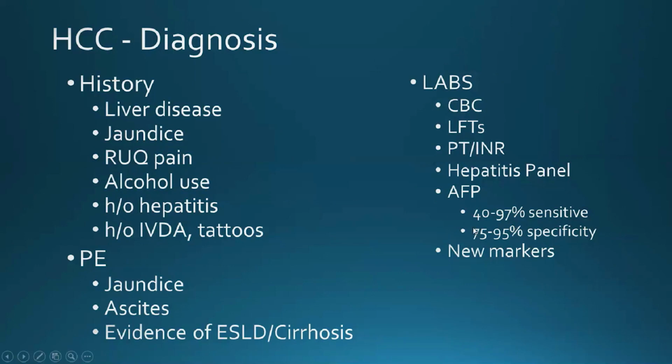Patients with hepatitis C tend to have higher alpha fetoprotein, even without hepatocellular carcinoma. But anything more than 400 is significant for presence of hepatocellular carcinoma, and also we are looking at new markers of the disease for earlier diagnosis.